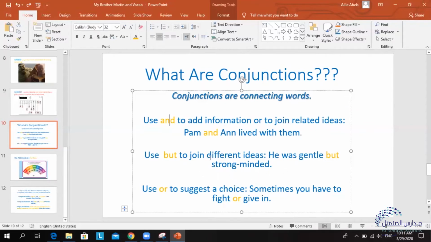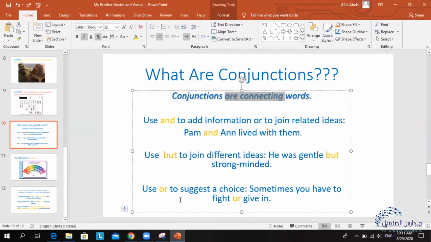Secondly, we wanted to show different ideas, so we use "but." And if we want to show choice, we would use "or." So all of these conjunctions have one underlying fact: they are connecting different ideas for different situations.